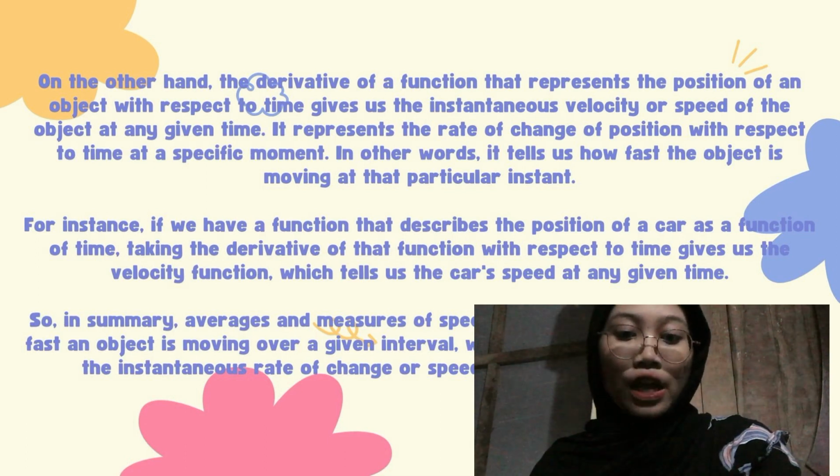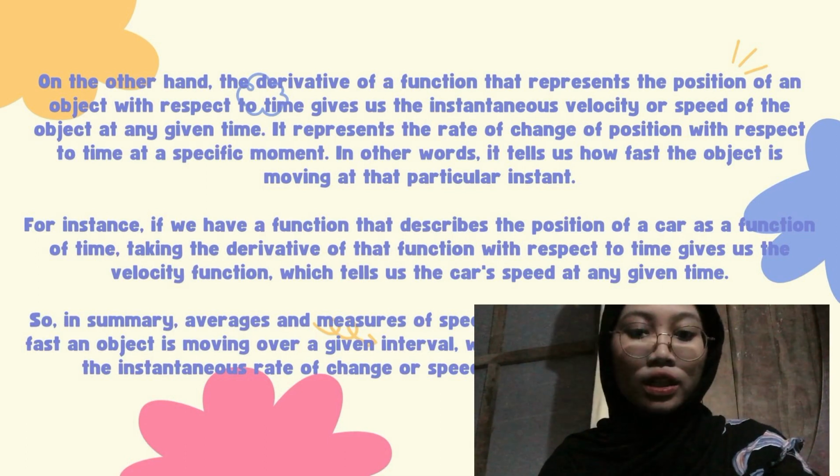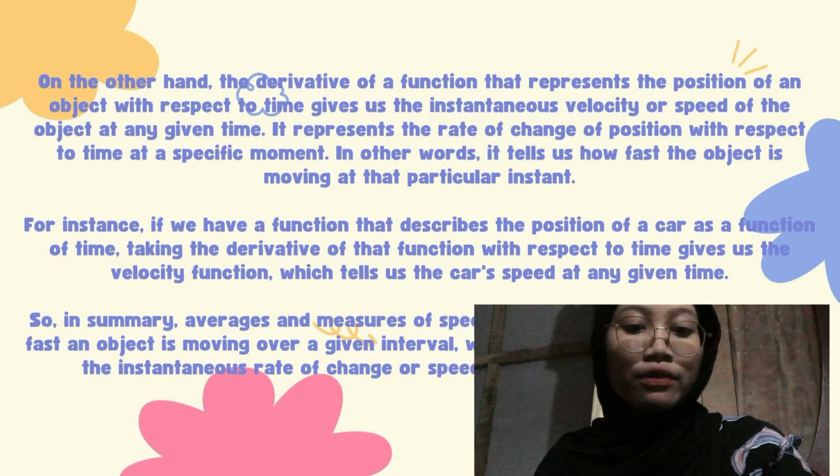For instance, if we have a function that describes the position of a car as a function of time, taking the derivative of that function with respect to time gives us the velocity function, which tells us the car's speed at any given time.